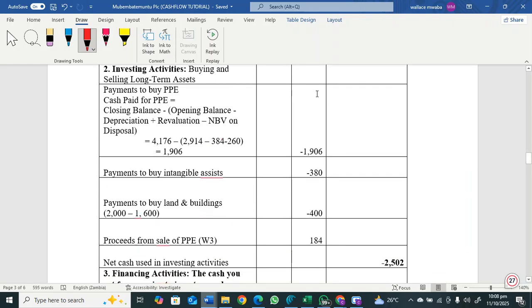So you add now negative 1,906 minus 380, plus, you're adding all of these. Remember, in the cash flow statement, you're adding. So this plus this plus this plus this, you get negative 2,502.